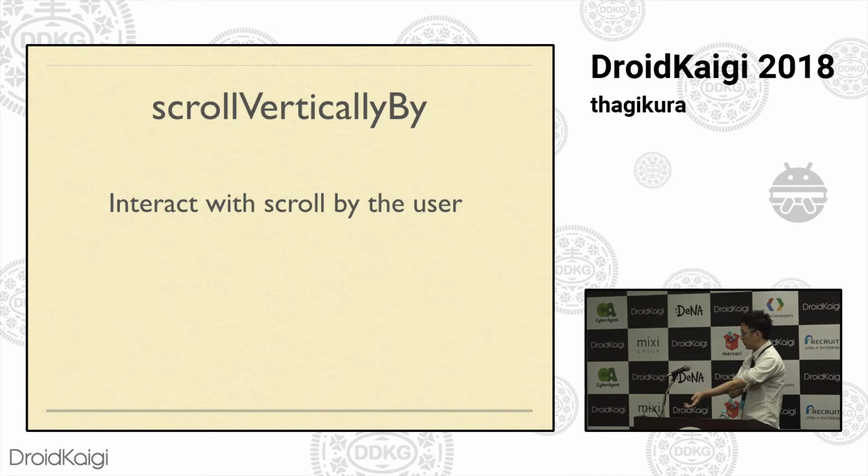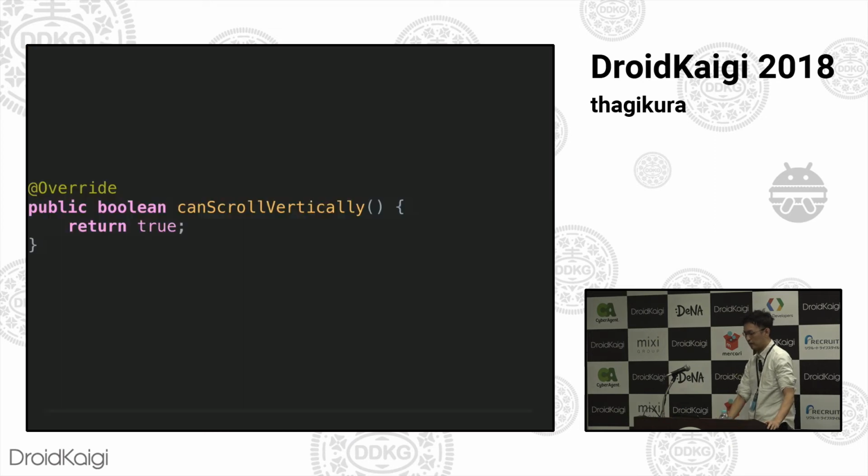The next method you need to implement is scrollVerticallyBy. Basically, it interacts with the scroll by the user. First, you need to override canScrollVertically. It represents whether the layout manager supports vertical scrolling. When you return true, it means the layout manager supports vertical scrolling.